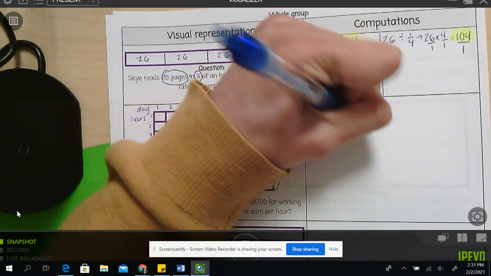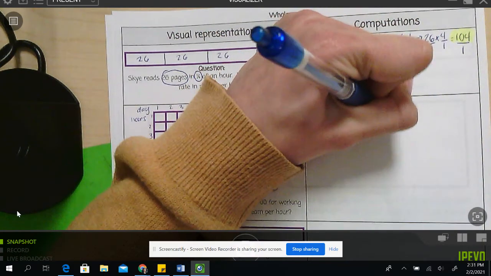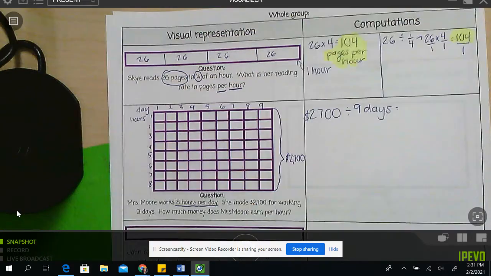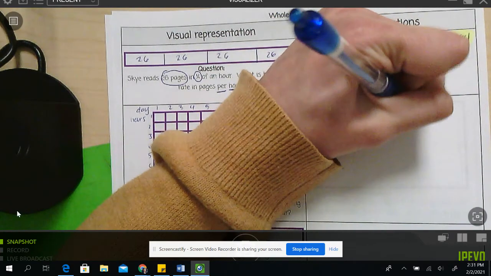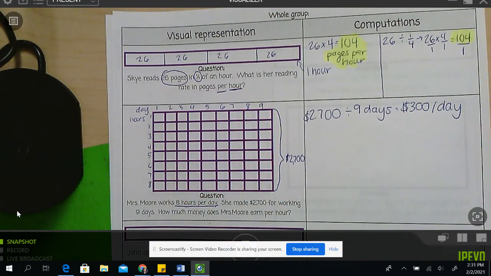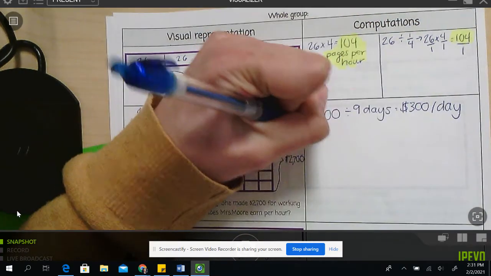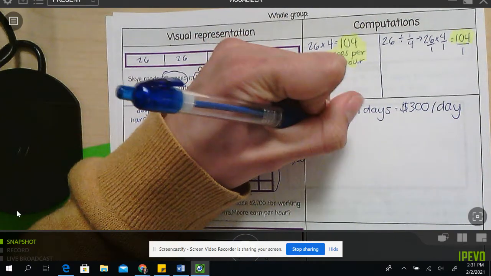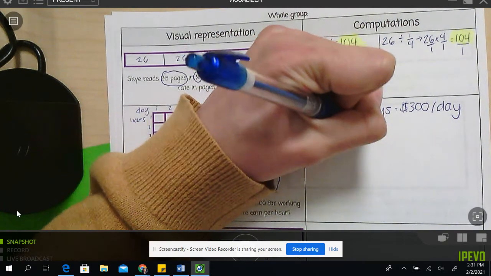So the work for that one is going to be $2,700 divided by 9 days. 2,700 divided by 9, which is going to be $300 per day. Okay, and then we're going to take the amount per day, so that's $300 she made a day, and divide it amongst the 8 hours per day.